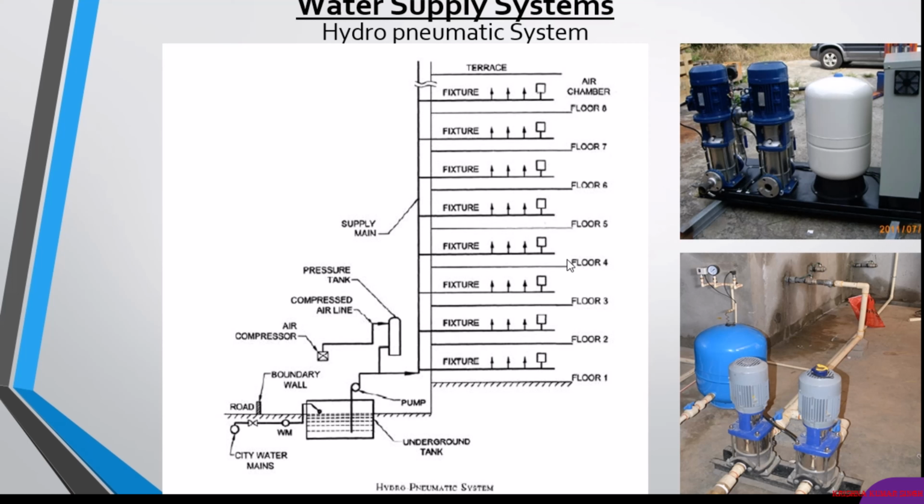But in case of increased demand, this pump requires some time to reach its peak angular velocity or peak rotation. Meanwhile, this compressed air serves the water, and all the occupants in that building will get an equal amount of pressurized fluid.